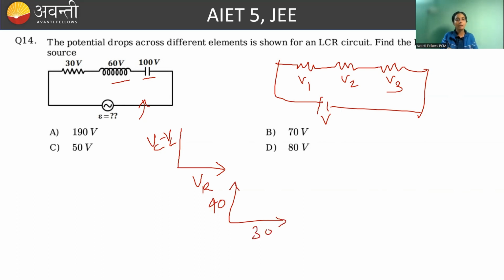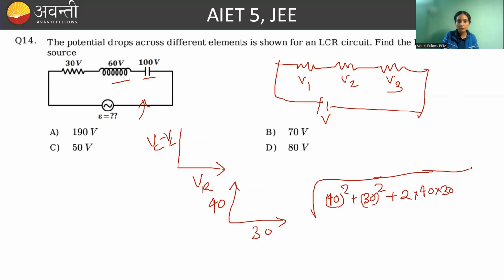Now the resultant of 40 and 30: 40 squared plus 30 squared, plus 2 into 40 into 30 into cos 90. The final answer is 50, because 1600 plus 900 is 2500, so that is 50. So 50 volt. The correct answer will be C.